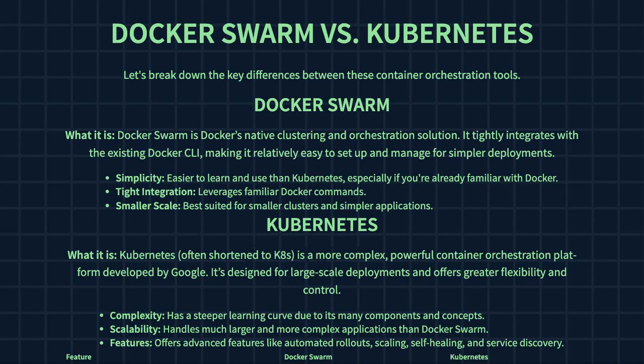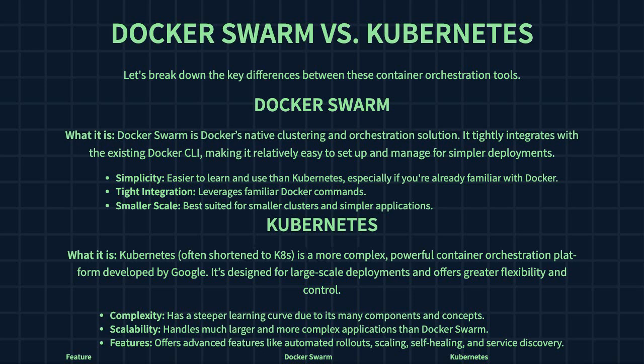Okay, let's talk about the difference between Docker Swarm and Kubernetes. Docker Swarm is essentially Docker's built-in clustering solution. It's really easy to get up and running if you already know how to use Docker commands. It feels very familiar. However, it's best suited for smaller projects and teams that don't need a ton of advanced features.